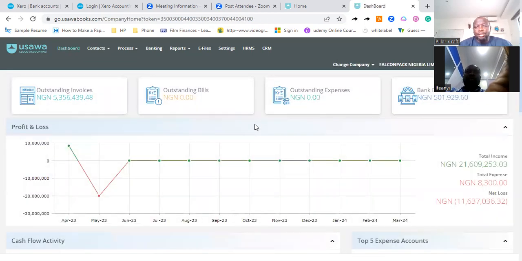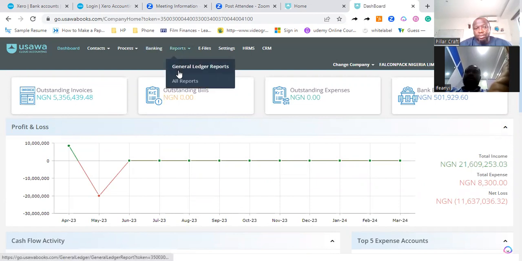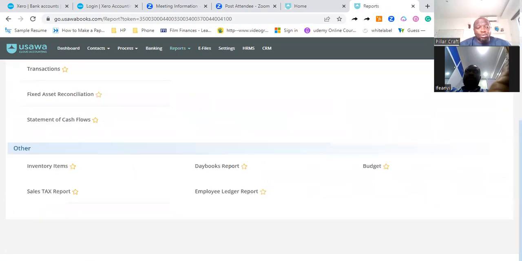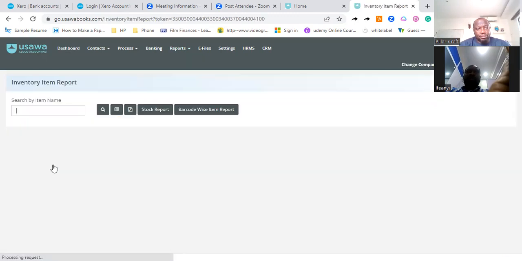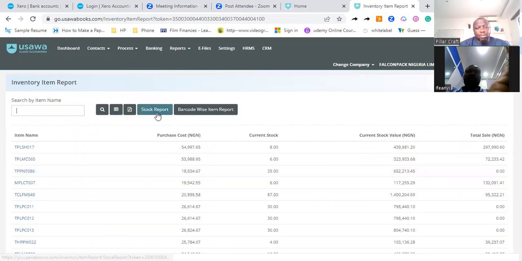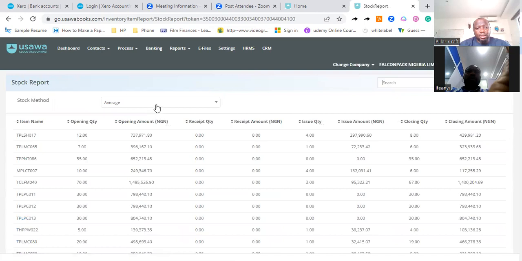No, it was in average, I changed it to FIFO and I changed it back to average. Okay, no, let it be on FIFO. FIFO is better. So if you go to all reports, you can also highlight it in case you want it to be seen on your dashboard. Click on inventory item, click on stock reports and then click on FIFO.